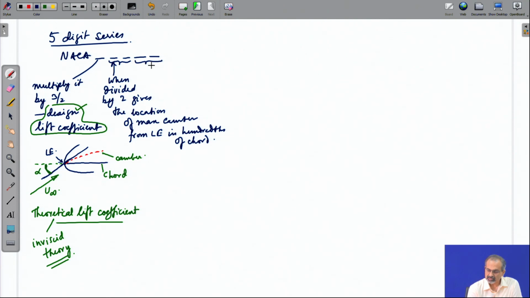The final 2 digits give the max thickness in hundreds of chord.